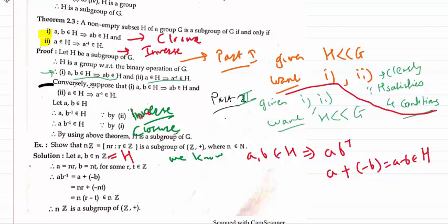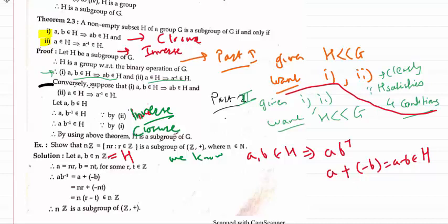Just substitute the value of A as n into R, because in H all elements have this form, n times some integer. Minus B is minus n into T. Taking n outside, n into R minus T. This R minus T is also an integer, since subtraction of two integers is again an integer.